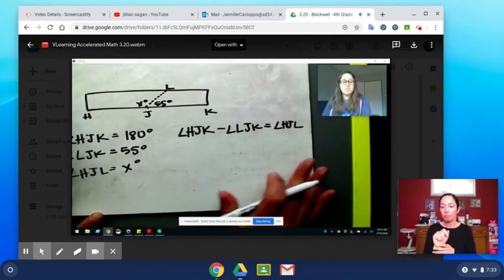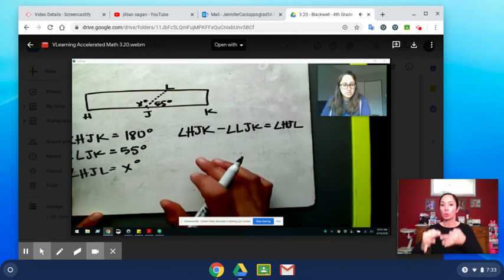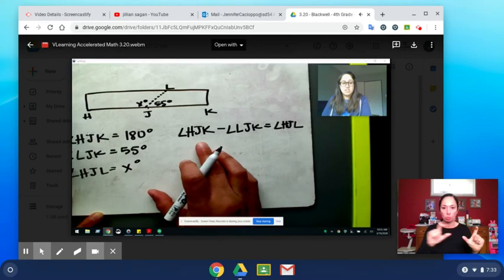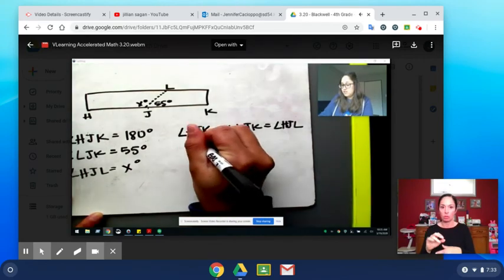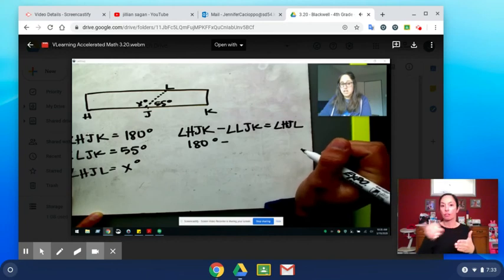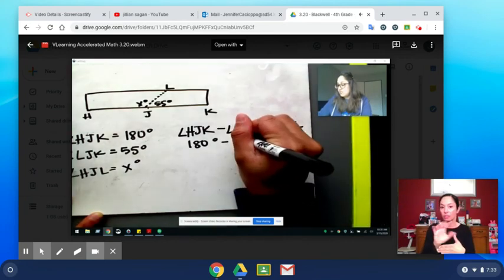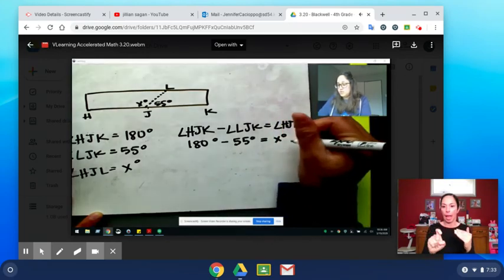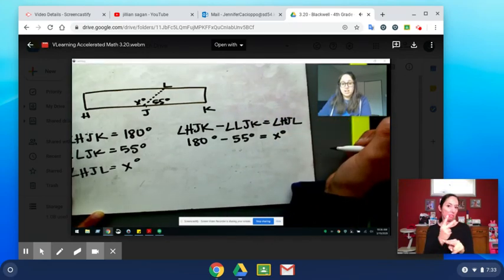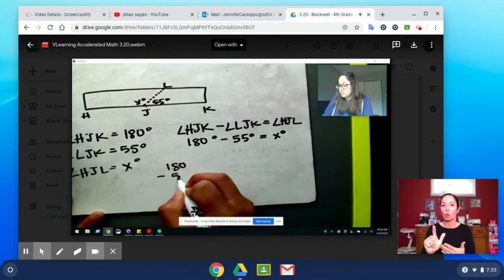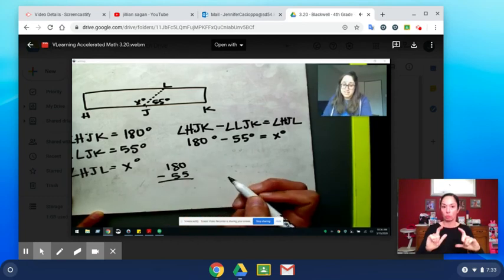So let me actually substitute in the measures of my angles to find my answer. So my measure of the angle HJK is 180 degrees. Measure of angle LJK is 55 degrees. And then that will give me X degrees, which will be the measure of angle HJL, right? If I need to go over here and do my subtraction vertically, let's do that so we don't make any silly mistakes.